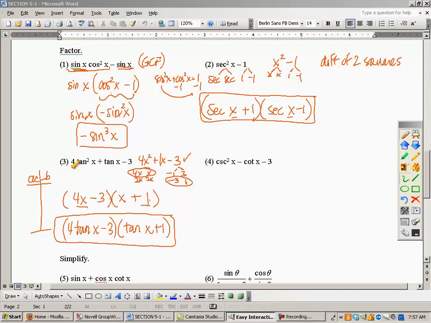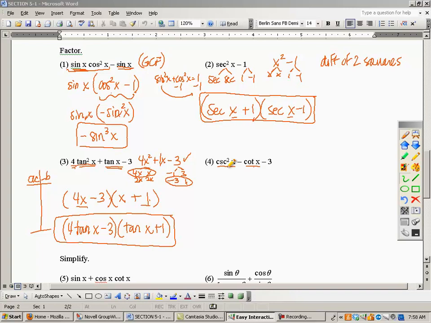The fourth one is a similar idea, but you will notice in number 3 we had a tangent squared and a tangent, and these two trig values matched. In this case, take a look, they're different. So we have to find a way to replace this so that all of the trig values are the same. I can't touch a single trig value, but I do have identities that can help me with the squared.